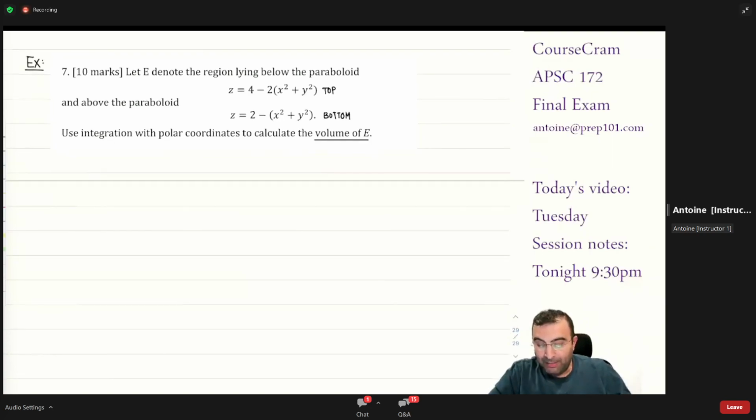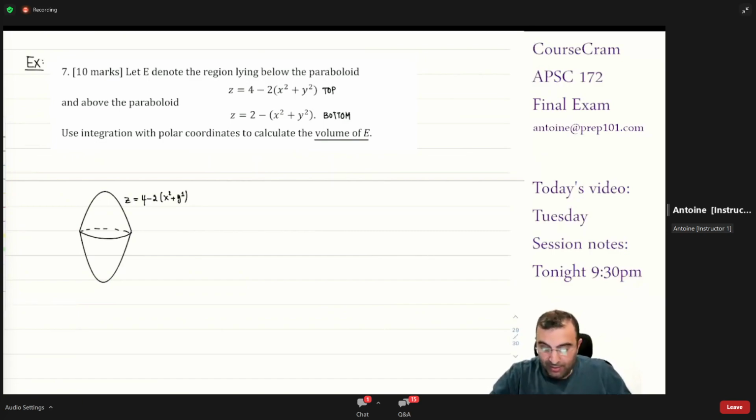So paraboloids, by the way, are like parabolas all the way around. So this is the top paraboloid. Let's say it looks like this. And this is the bottom paraboloid. So they gave us the top paraboloid, which is z is equal to 4 minus 2x squared plus y squared.